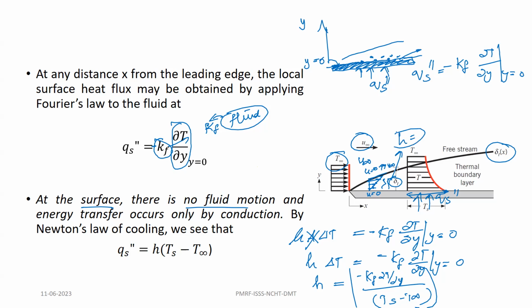In experiments, we can quantify the h value like this, determining the temperatures and the temperature gradient inside. If we dip a thermocouple inside this boundary layer, we can get the temperature variation inside this profile. So in experiments, we will be determining it like that.